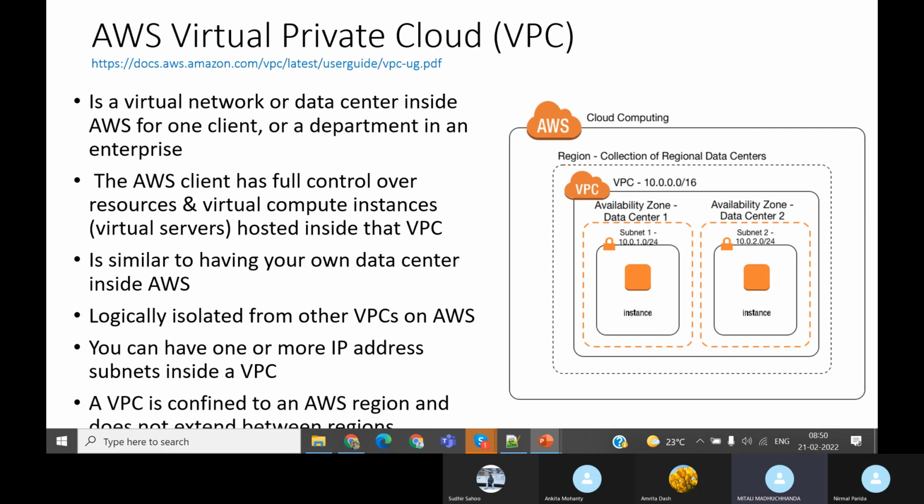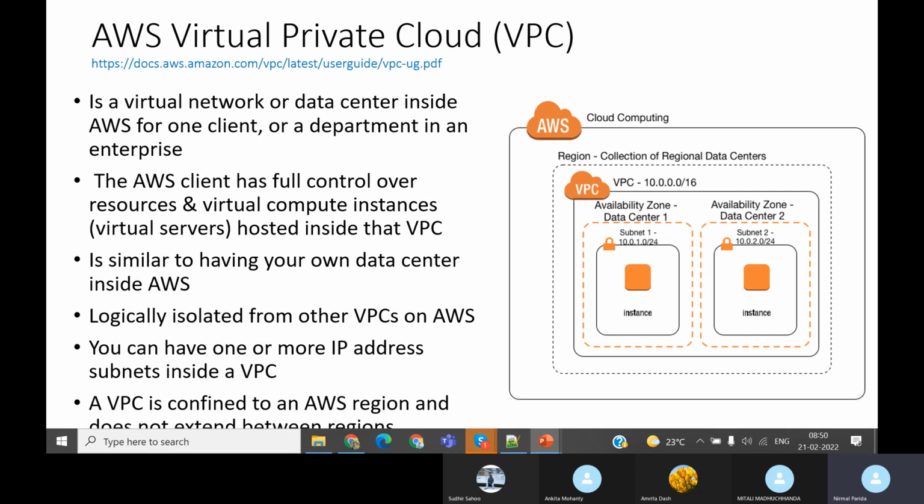I didn't get it, Nirmal. Can you please explain one more time? If you create one VPC in AWS, that VPC is region specific. We have some 17 to 18 regions. If you create one VPC, then that VPC is specific to that region. Your VPC will be applicable to that region only.